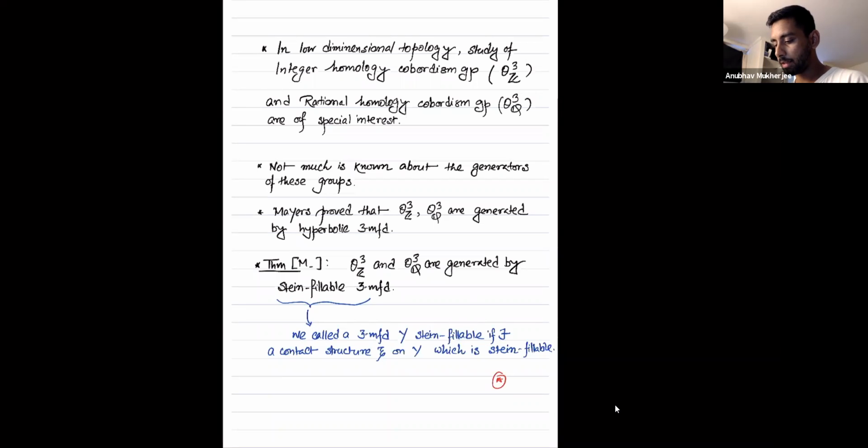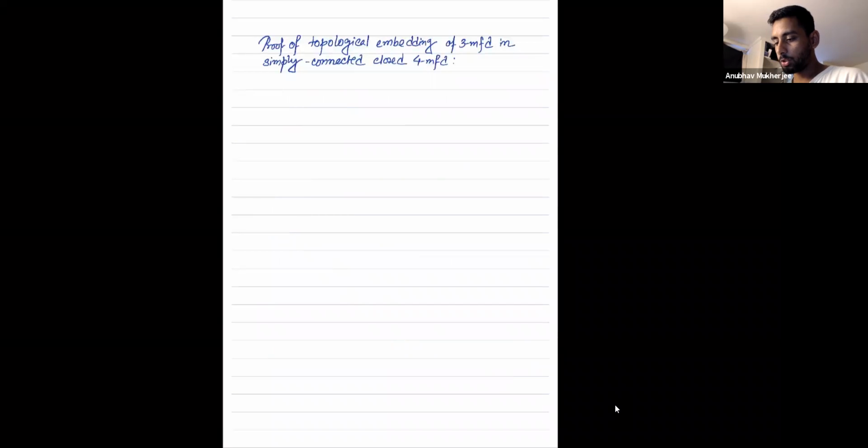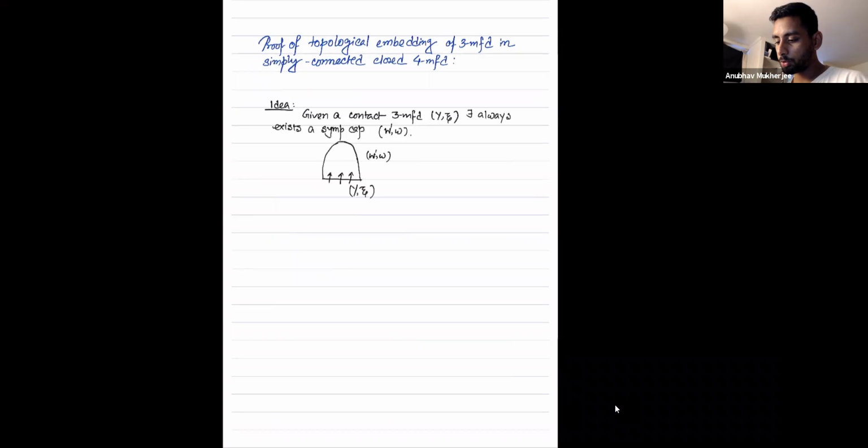So this is the other new generator: Stein fillable 3-manifolds in fact generate these two homology cobordism groups. So let's now talk about the proof of the topological embedding, and in particular the proof that all 3-manifolds are generated by Stein fillable 3-manifolds. The idea is the following: given a 3-manifold, in particular given a contact 3-manifold, we know that a symplectic cap always exists.